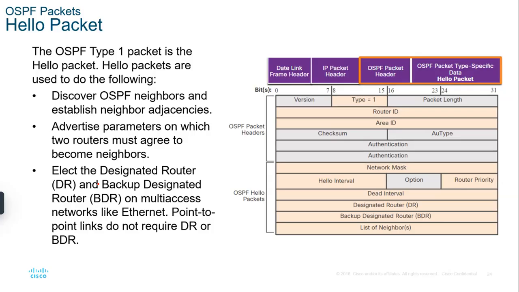Now that we have the areas and groups, it's like the leader: anytime there is a change in the topology, the router where the change has happened sends an update to the designated router, and then the designated router does the updates onto all the other routers in the same area.